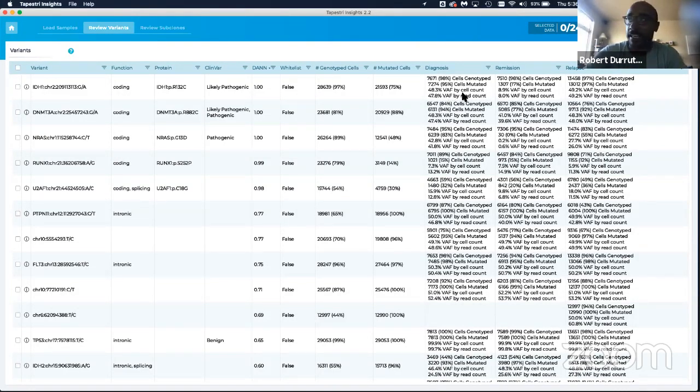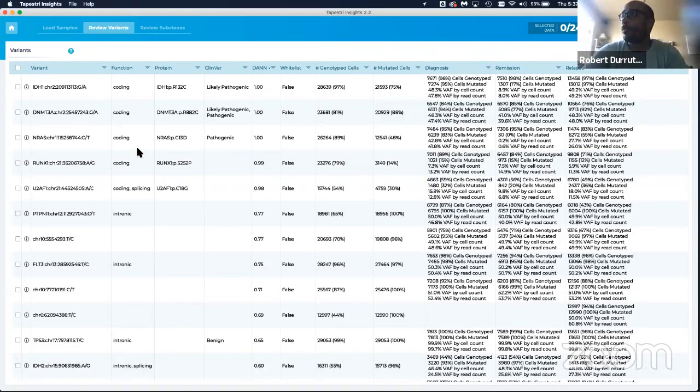We'll get to this in a second, but those are important metrics for you to understand in order to differentiate a potential high quality variant from a potential false variant. In addition, that by-sample resolution allows you to appreciate potential dynamic changes of any given mutation that might be part of your patient series.